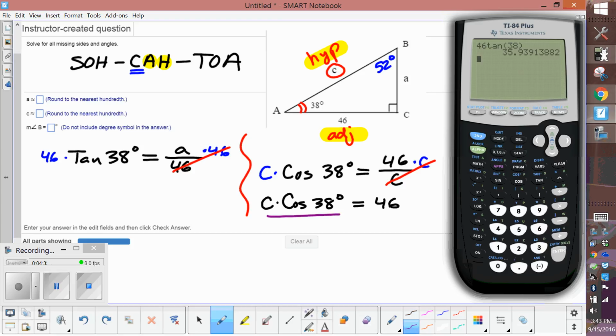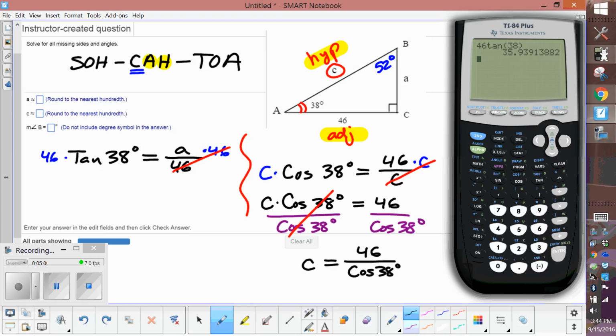And remember, cosine of 38 degrees is just a number programmed into my calculator. So I will divide by that cosine of 38. This goes away. The way I'm going to type it in, little c equals 46 divided by cosine of 38 degrees.